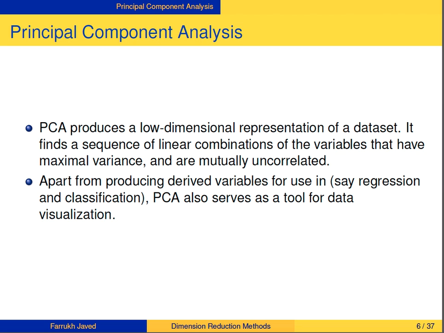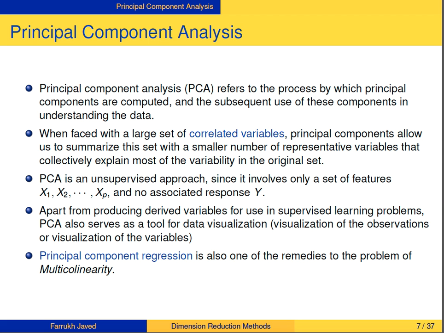Apart from producing derived variables for use in regression or classification, PCA also serves as a tool for data visualization. And we will see immediately how we can use PCA for data visualization. So PCA refers to a process by which principal components are computed, and the subsequent use of these components in understanding the data.